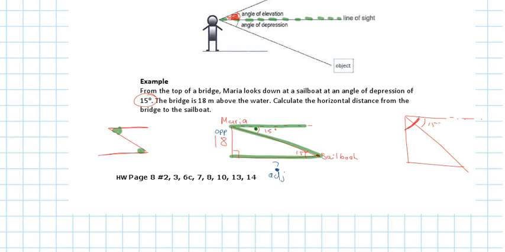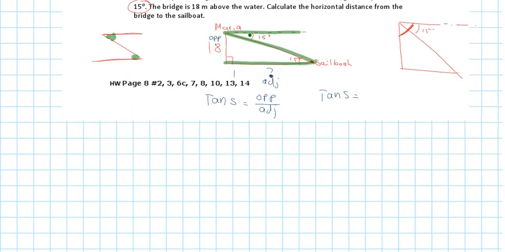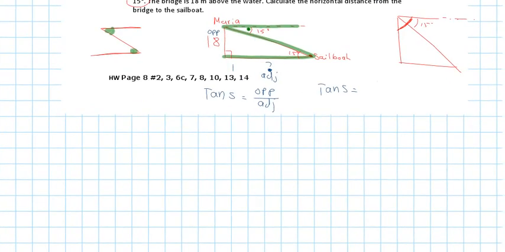Tan 15 is equal to, actually let me write the formula first: tan theta equals opposite over adjacent. So tan 15 equals 18 over adjacent.